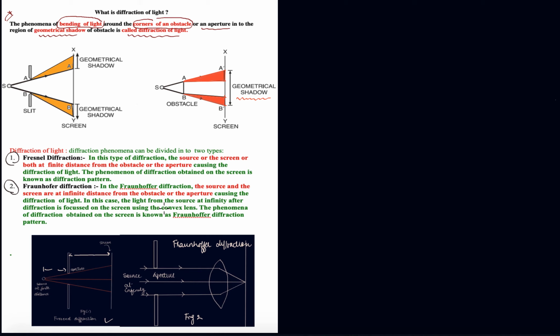In this case, the light from the source, which is situated at infinity, after diffraction is focused on the screen with the help of this convex lens. So this convex lens is used to focus the light on the screen just at point O. Okay, so this diffraction obtained on the screen is known as the Fraunhofer diffraction.